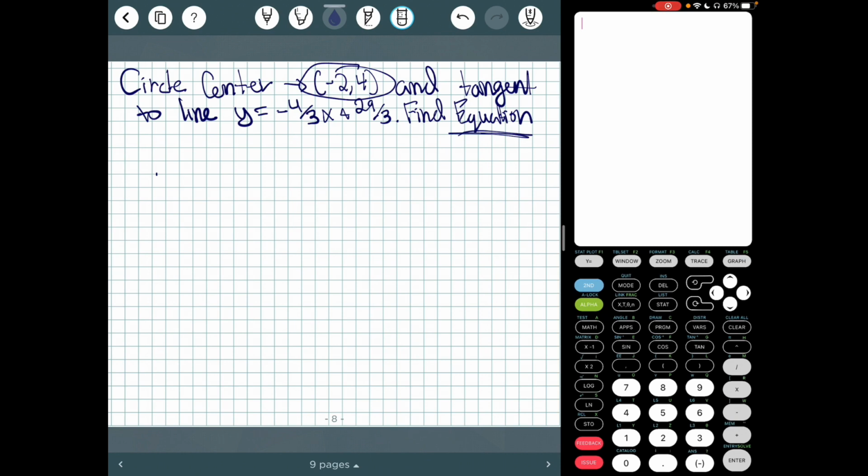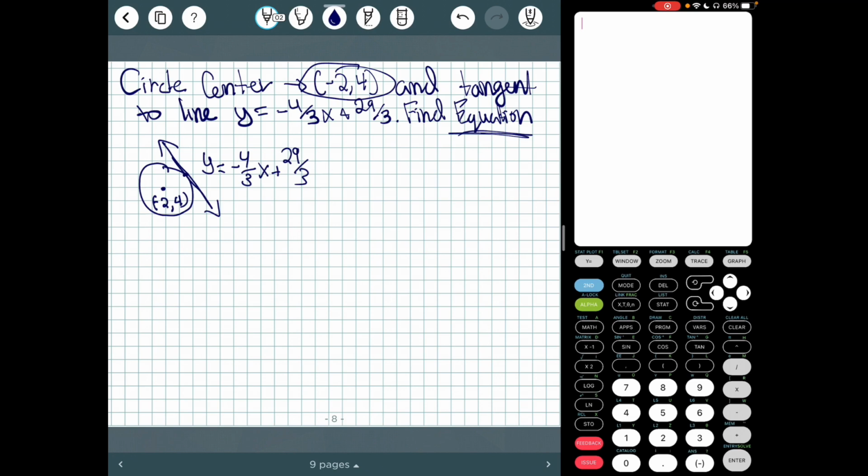An easy way to do this is to first very roughly visualize it. So we draw a circle, and the center is -2, 4. Let's just imagine the line is tangent right at that point, right there. That's the tangent line with the equation y equals -4 over 3x plus 29 over 3.